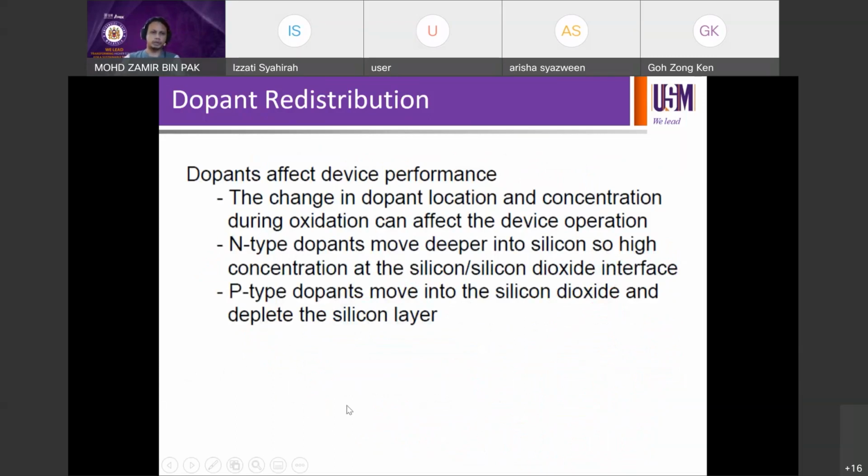So dopant redistribution: dopants affect device performance. The change in dopant location and concentration during oxidation can affect device operation.